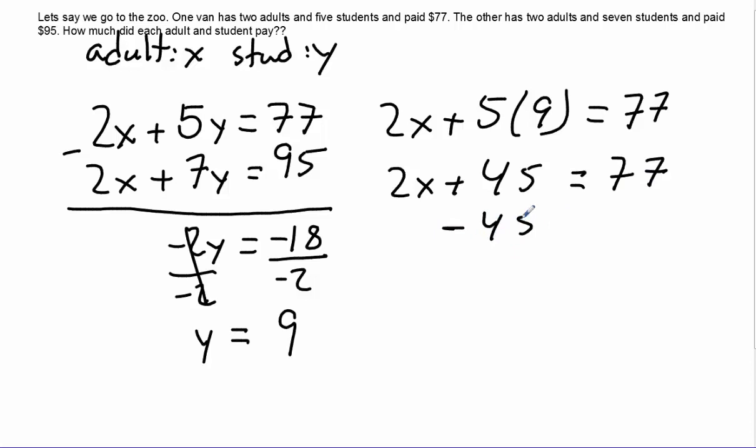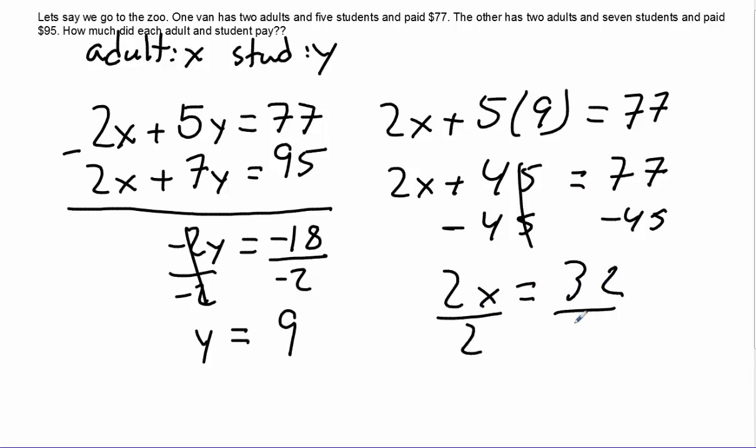Subtract 45. 2x is equal to, what's that, 32? Yeah. Divide by 2. x is equal to 16.